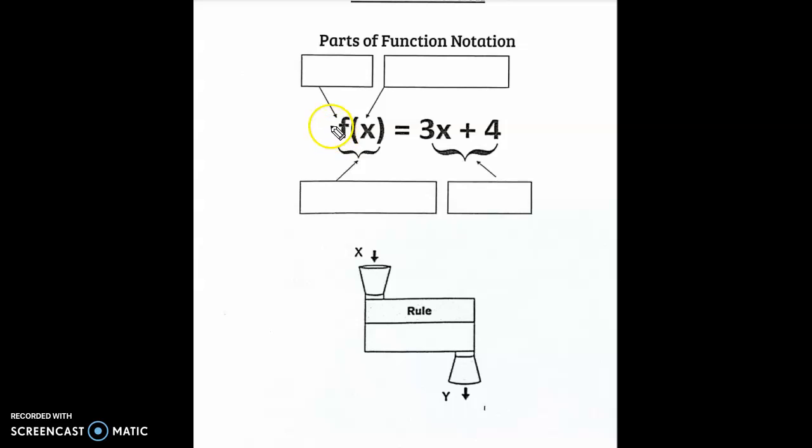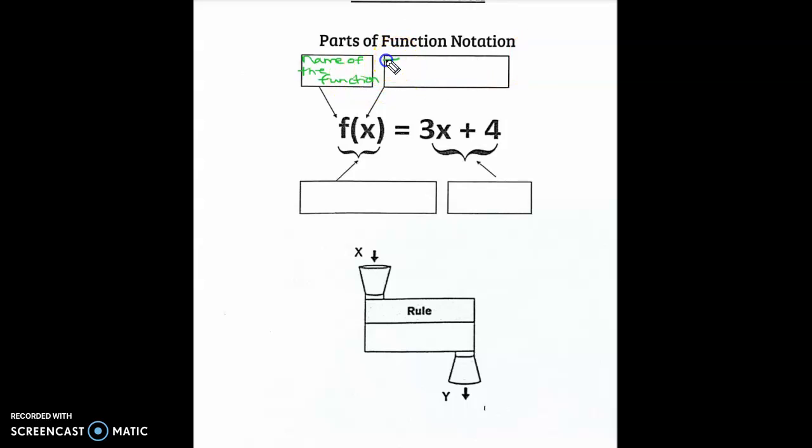the f part right here, this part that says f, that is the name of the function. And if you can't stay within the box, that's fine. That's the name of the function. Okay, the x part inside the parentheses, that's the input.